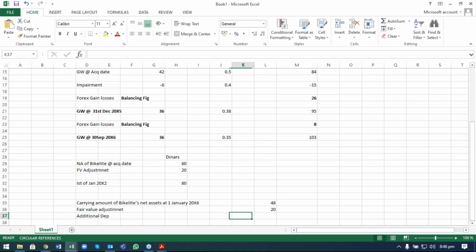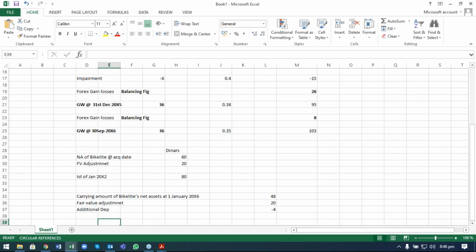How much additional depreciation should be charged? 31st December 2002, 31st December 2003, 31st December 2004, 31st December 2005. So there are 4 years for which additional depreciation should be charged, so divided by 20 years, multiplied by 4. This is the depreciation of 4 million that should be charged.